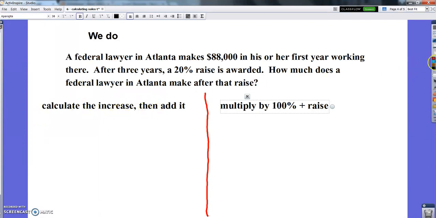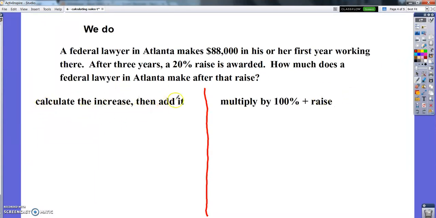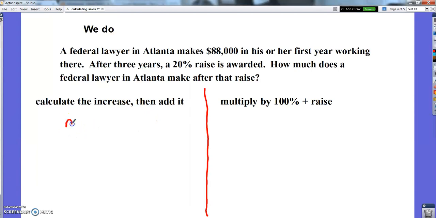So let's start with the one that's easier to make sense of. Calculate the increase, then add it. I'll make the salary be, how about M for money? So I'm going to take the amount of money they make at first, and they're going to add 20% to that raise, 20% of the salary. So the salary plus 20% of the salary is going to be how much money they make.